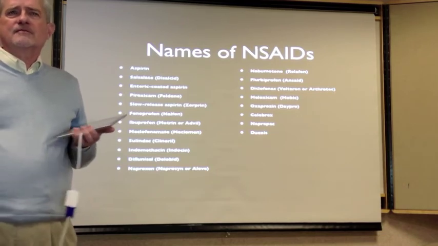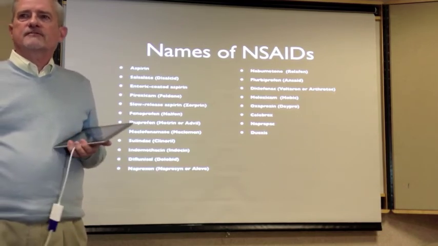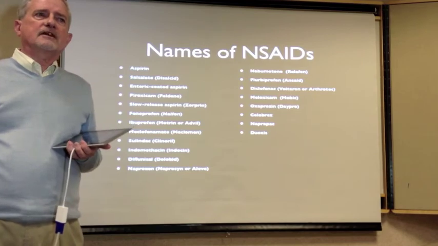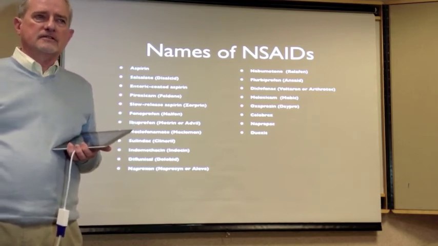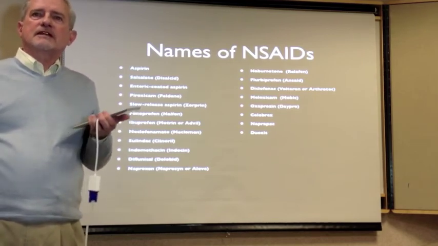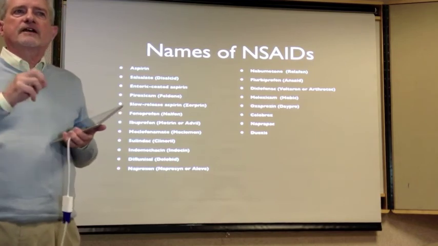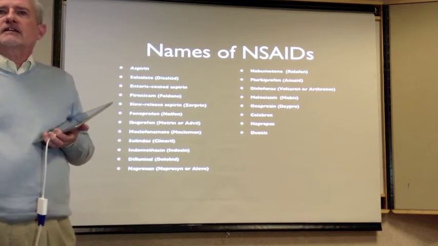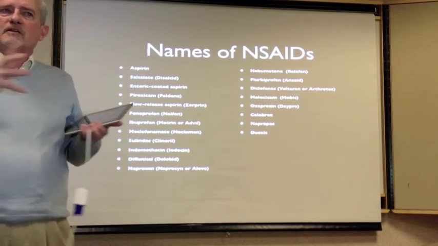Well, the world of chemistry was not very sophisticated, but there was progress made in the late 1800s. Chemistry was advancing enough that they could identify the helpful products in willow bark and some other plants.